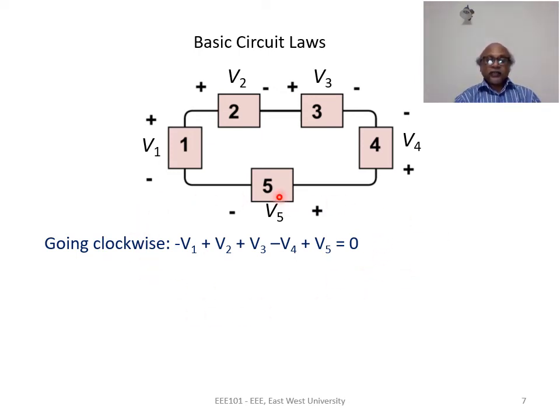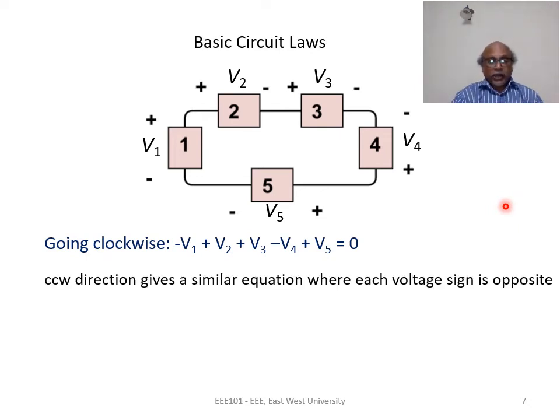This is KVL. The algebraic sum of all the voltage drops around a loop is 0. We can move the negative quantities to the right hand side as before, and this is the equation that we get. Here we can say that the sum of voltage drops in the loop is equal to the sum of voltage rises in the loop.